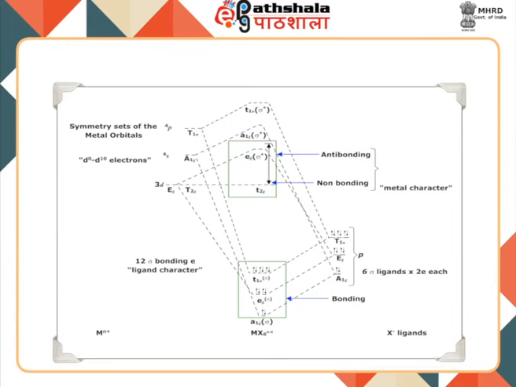Again, it can be seen that the T2g set of orbitals is non-bonding, whereas the Eg sigma star orbital forms the antibonding set. The gap between the two forms the basis for the delta naught.